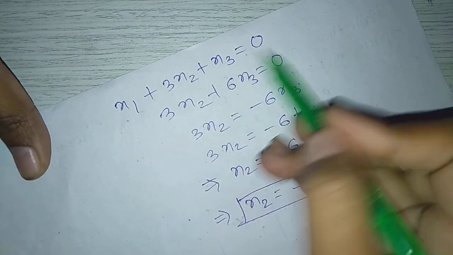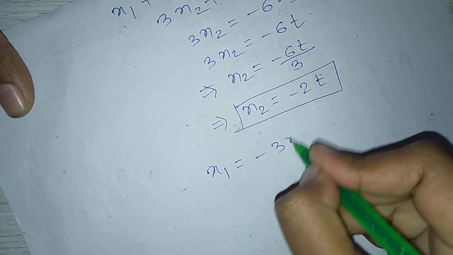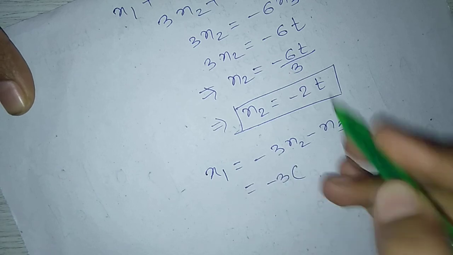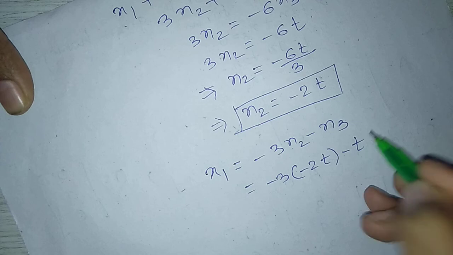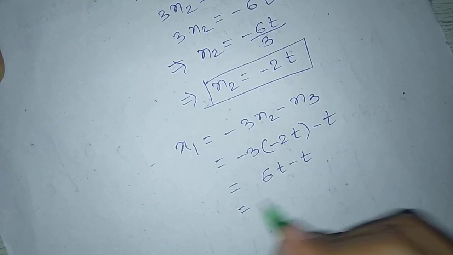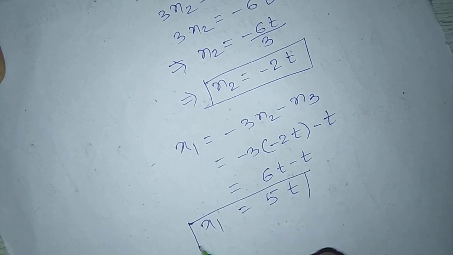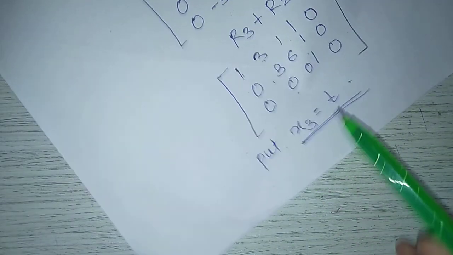Now to find the value of x1, we use this equation. x1 equal to minus 3x2 minus x3, which is equal to minus 3 times minus 2t minus t, which is equal to 6t minus t equal to 5t. So we get x1 equal to 5t, x2 equal to minus 2t and x3 equal to t.